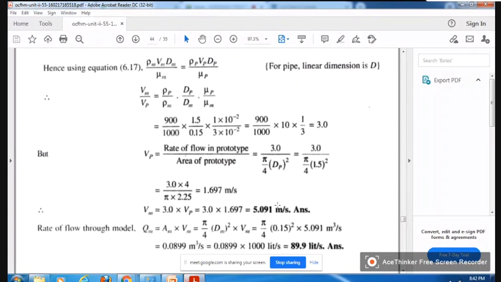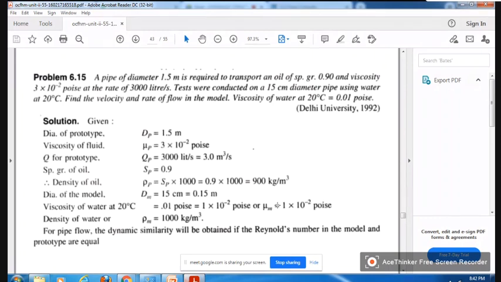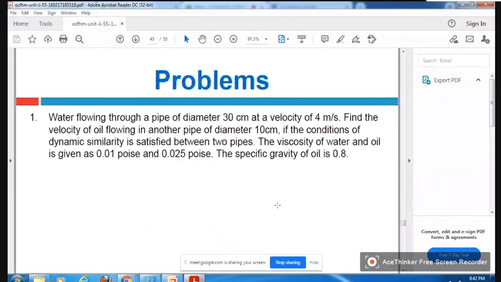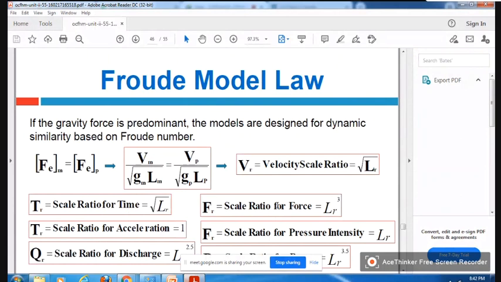Okay, so based on the Reynolds number, we will construct the model in the laboratory. This is how we do it in the laboratory. Now the Froude number: this is the square root of inertia force divided by gravity force.